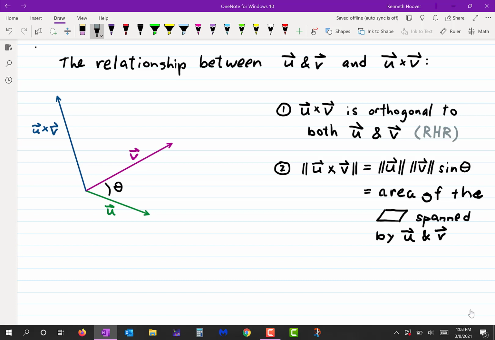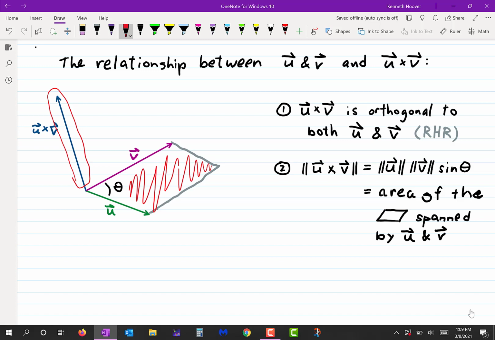So what I mean is this parallelogram right here. Okay, that's called the parallelogram spanned by U and V. And the magnitude of this vector equals the area of that parallelogram.